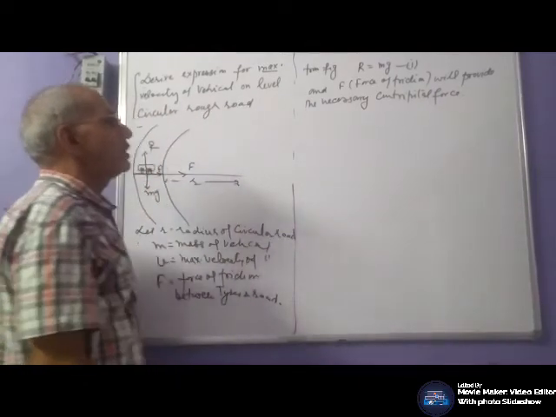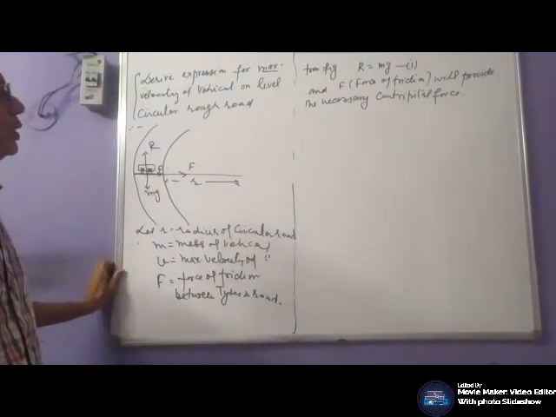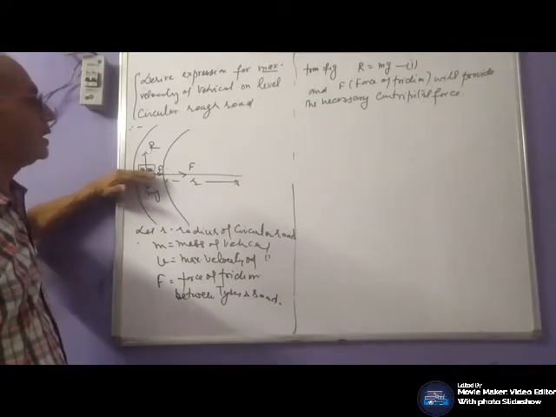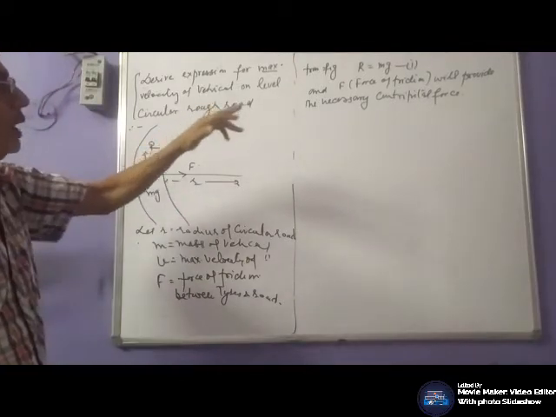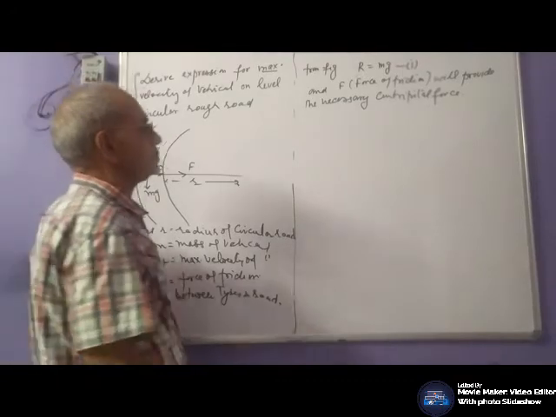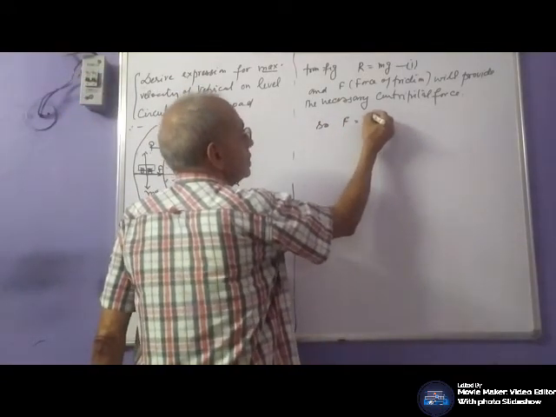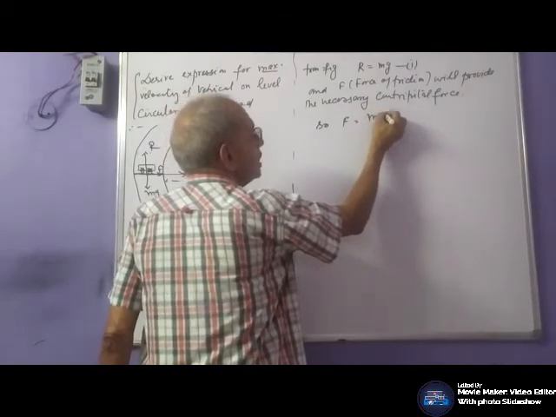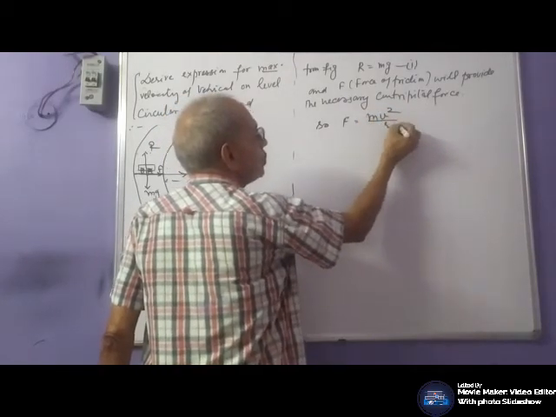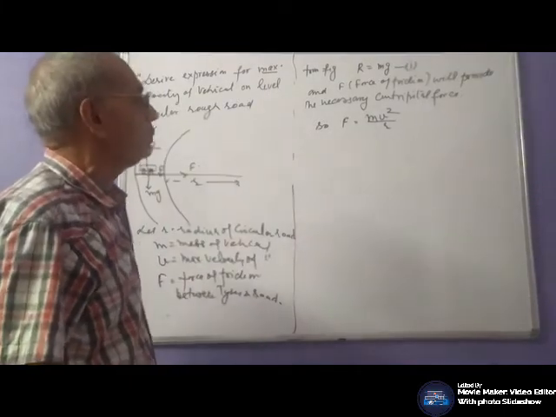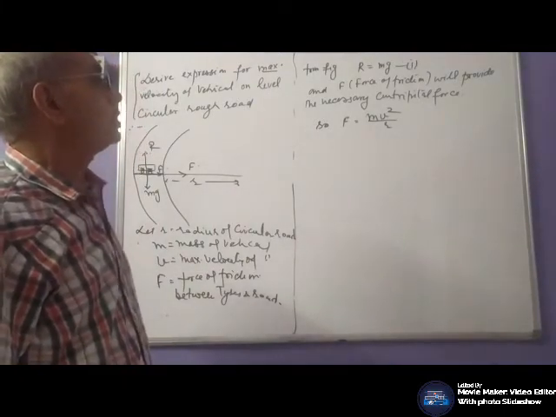If there is no centripetal force, then the vehicle will overturn. So what is the force here? Tires and road. This is what? Force of friction. So F is centripetal force, mv square by r. V square by r, centripetal acceleration we have done. Force is ma.